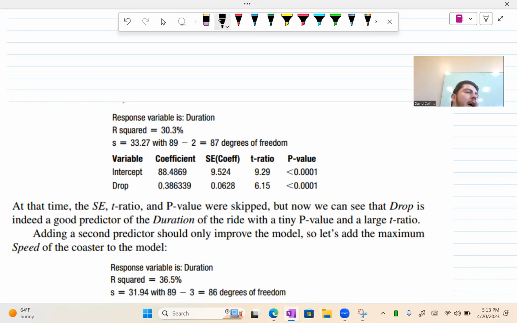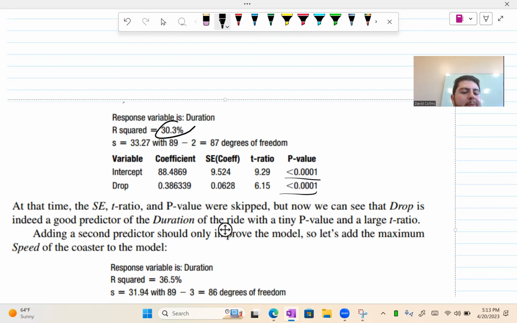I think it's just how far a drop is on a roller coaster. We're trying to use the drop to predict the length of time you're on a roller coaster. So we can see that the p-values are significant. R squared is pretty low, right? It's not the best model.